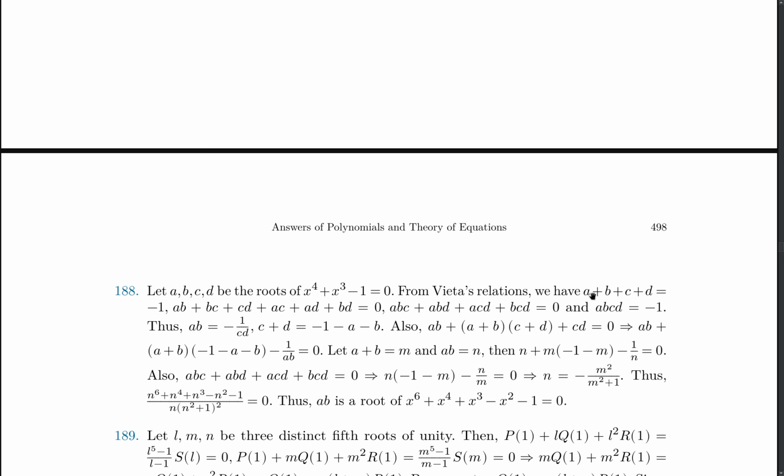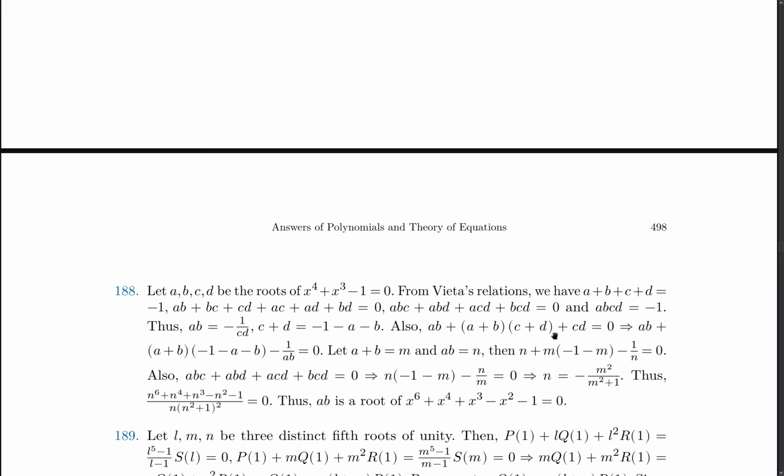And from the first relationship, you can say that C plus D is equal to minus 1 minus A minus B. Now we look at the second relation: AB plus A plus B into C plus D plus CD is equal to 0.